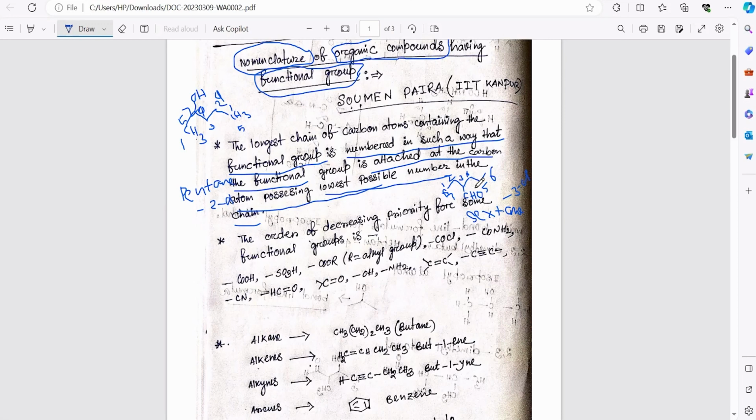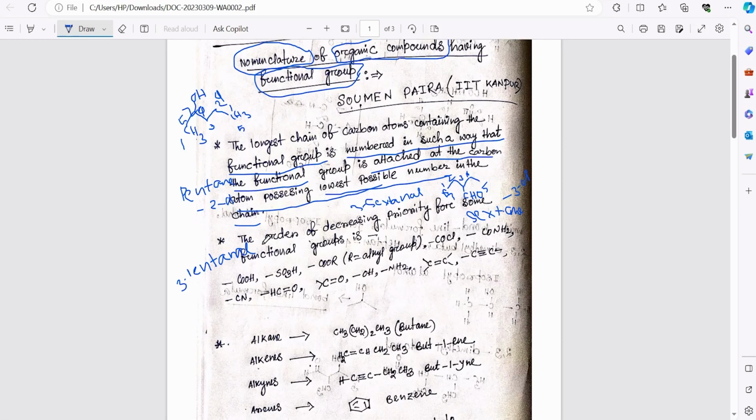So it's hexanal, 3-hexanal. Now instead of 6, if we have one carbon less, suppose I am erasing one carbon from the chain, so now we have 5. The CHO group is present at carbon number 3, so we can write 3-pentanal.